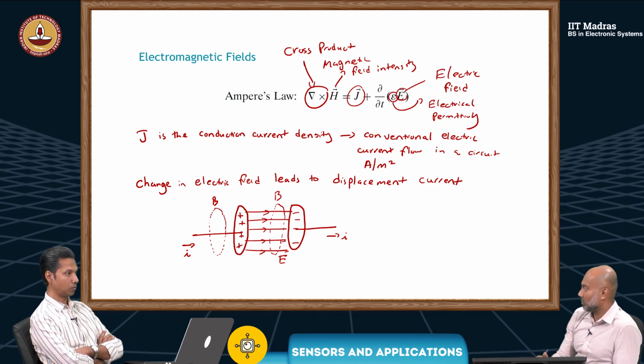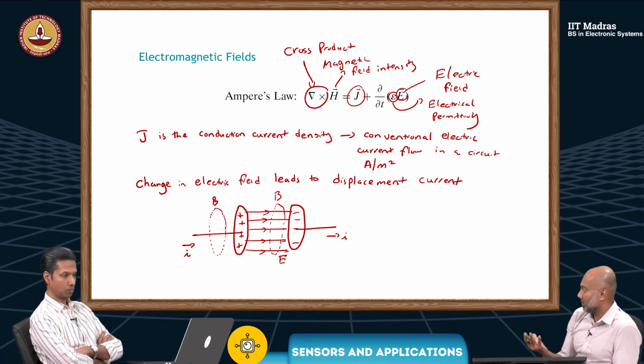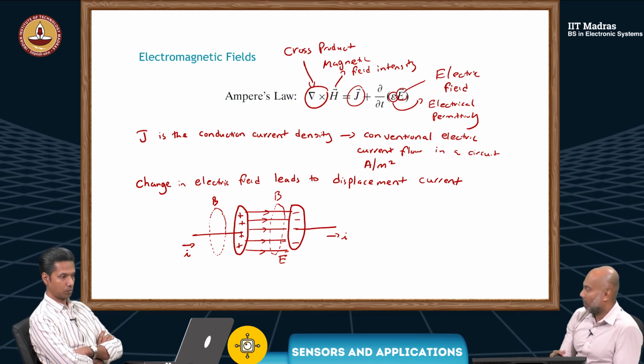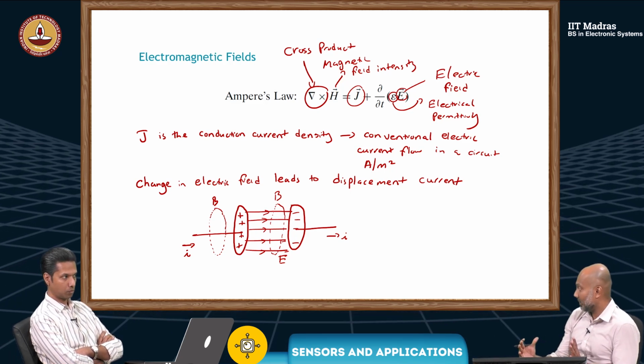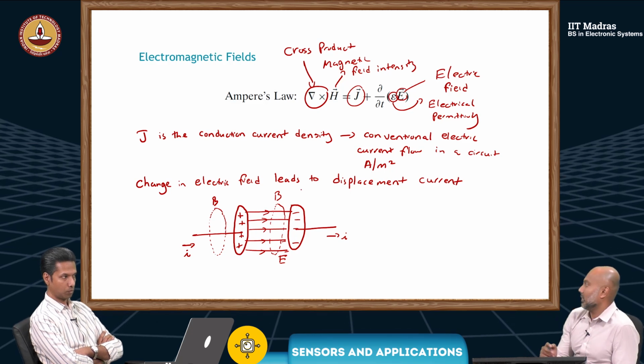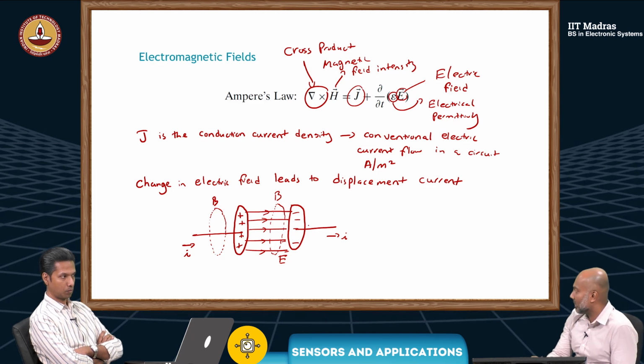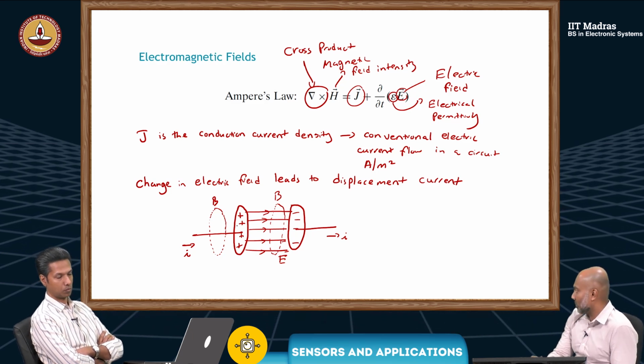Here, J refers to your normal current flow in a closed circuit. But here, this electric field between, let's say, a positive and a negative plate will create its own magnetic field. Now, that also depends on how fast you're charging and discharging your capacitor.